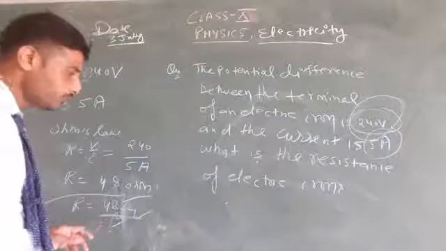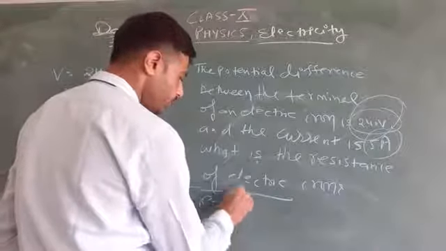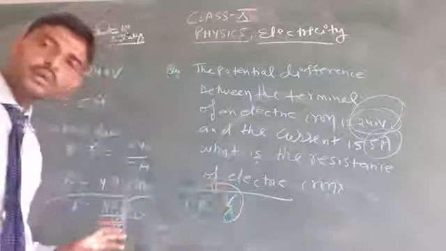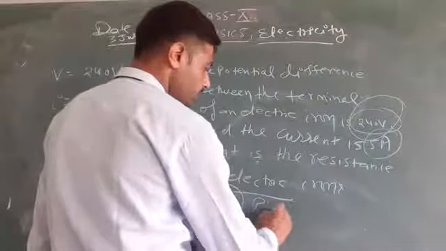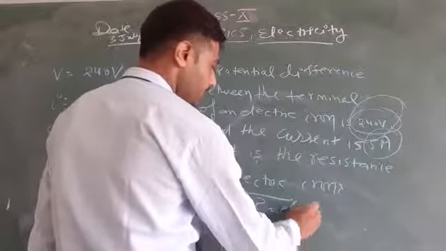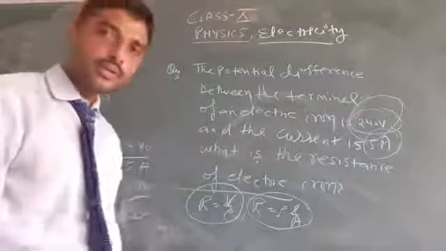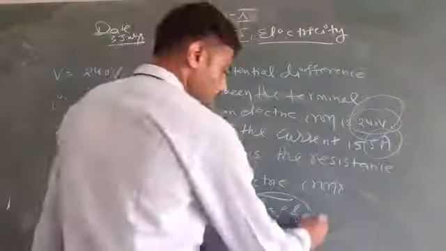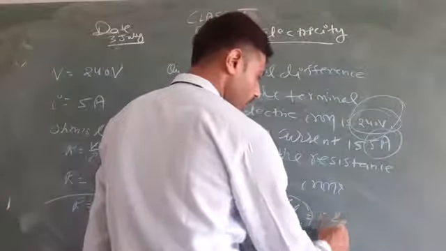Only two types of formula. For instance, R equal to V upon I, which is used when voltage and current are given, and R equal to rho L upon A when length and cross-section area are given. A, you can replace by pi R square.